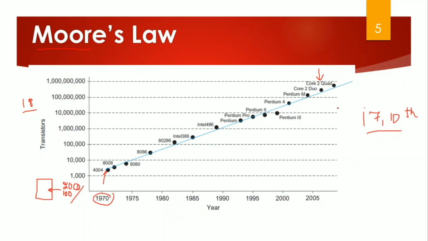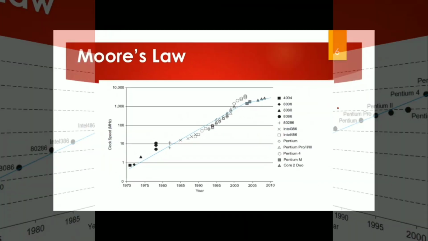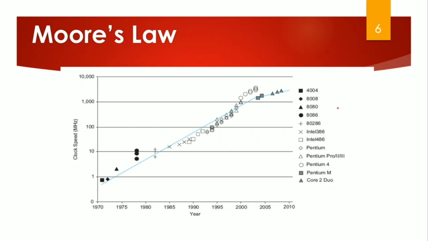Not only this, there is also an increase in the frequency of operation, and there is less power consumption. The power consumption of ICs has decreased day by day. This graph shows the clock speed.